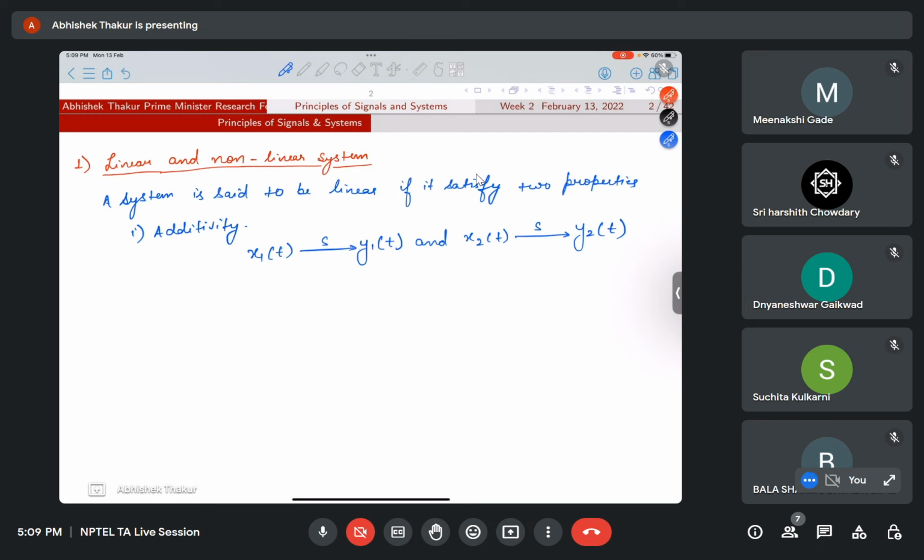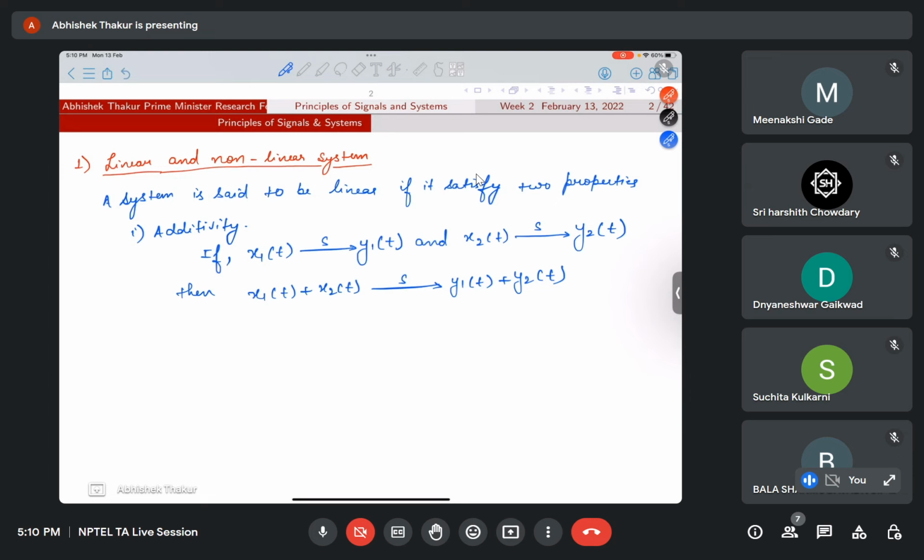When you add these inputs, x1(t) plus x2(t), together given to system S, if it produces y1(t) plus y2(t), then it follows the additivity property. Any doubt in this? We will see various examples also after this.